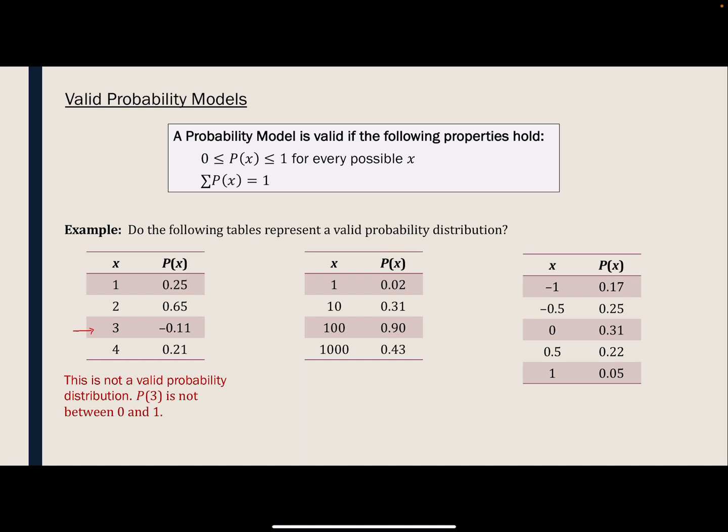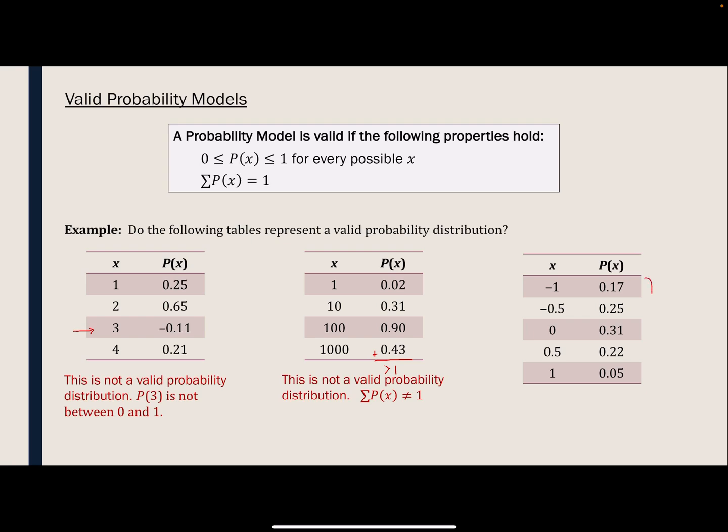For the next one, all the probabilities are between 0 and 1, but if we were to add these up, we're going to get some value greater than 1. And therefore, this is not a valid probability table. Remember that they have to add up to exactly 1. This last probability table is valid.